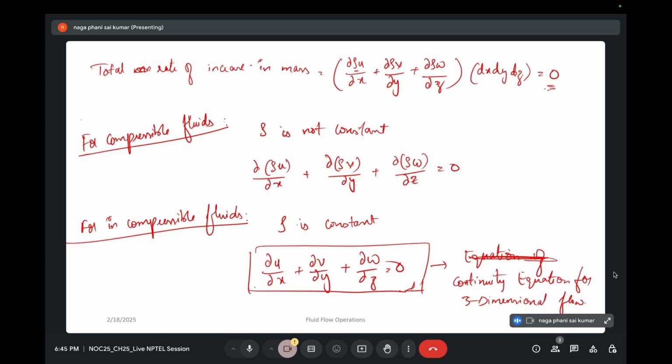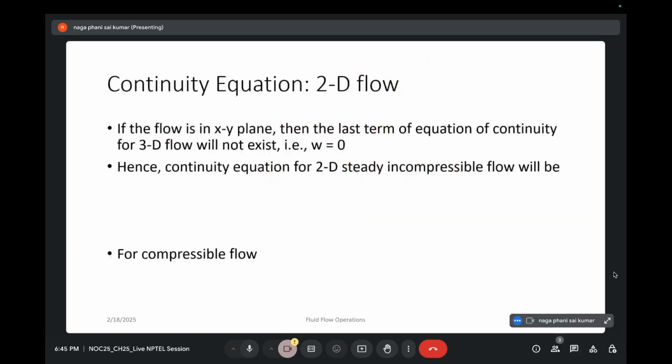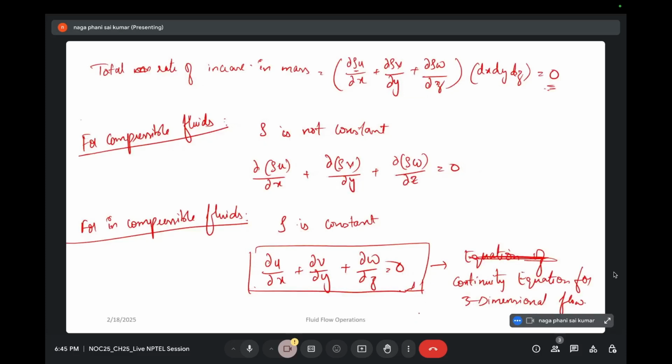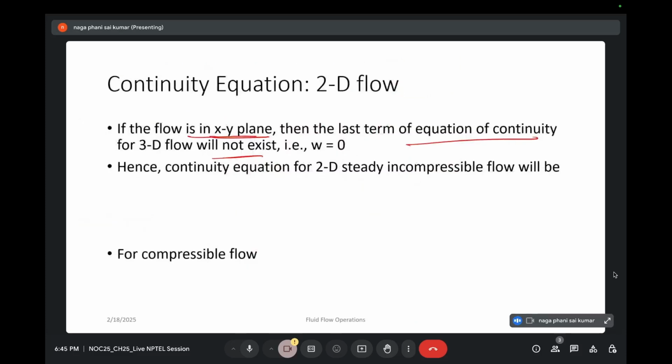So we'll be able to reduce it to two-dimensional as well, right? So let's see how to reduce it. When the flow is a two-dimensional flow, that is in xy plane, let's take it in xy plane. We can also have it in yz and xz planes as well. So for time being, let's consider the flow is in xy plane. Okay. So then the last term of the equation of continuity for 3D flow will be 0, or it will not be existing for a two-dimensional flow.